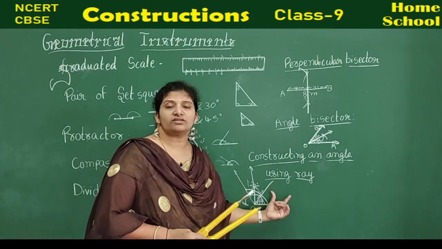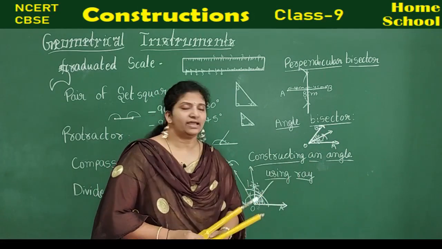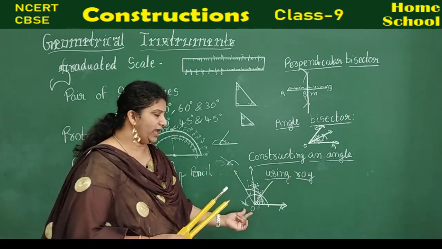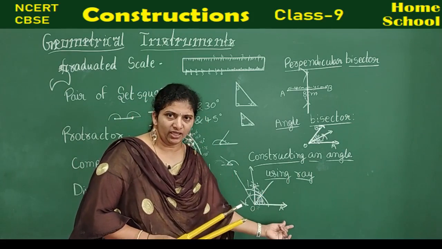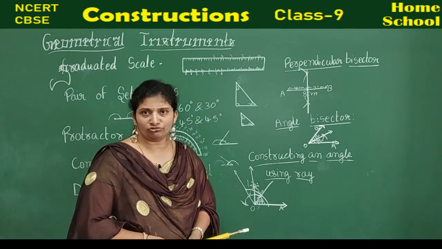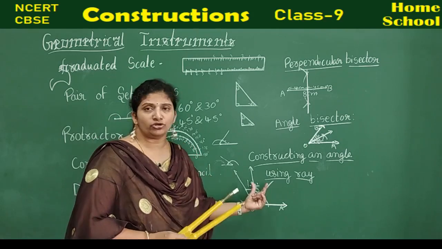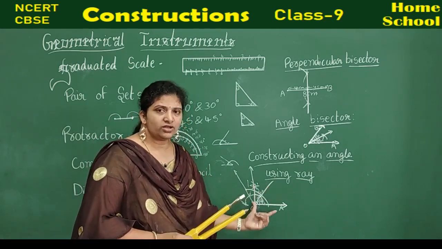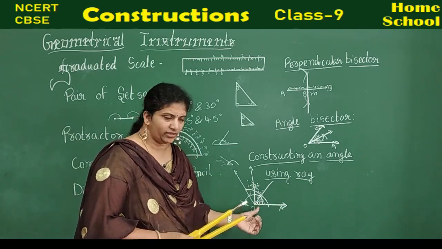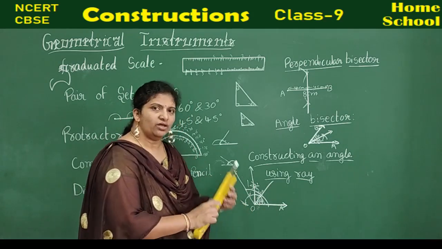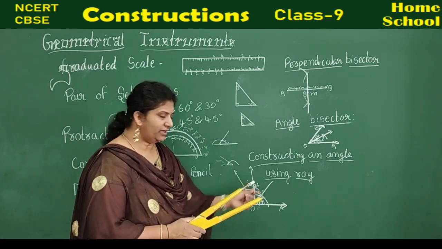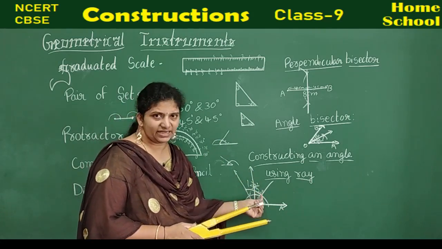And your last concept is constructing an angle using a ray. First you draw a ray, and you confirm how much angle you need to draw. I said here I want to draw 90 degrees. From the line segment's end point, you draw a semicircle with the same measurement. The first arc indicates 60 degrees.